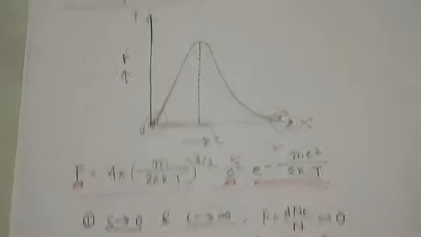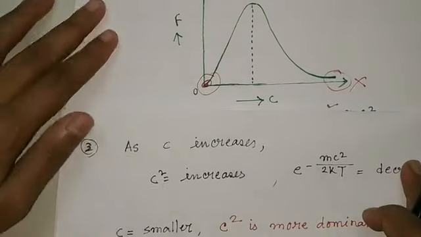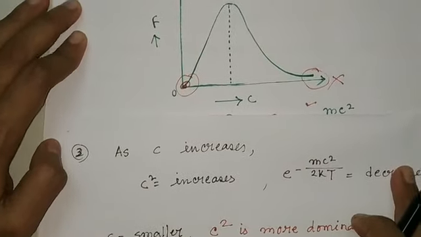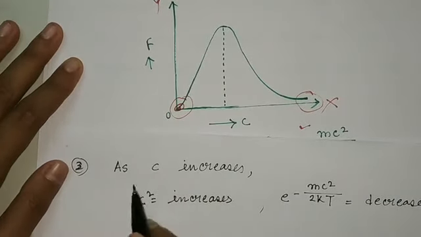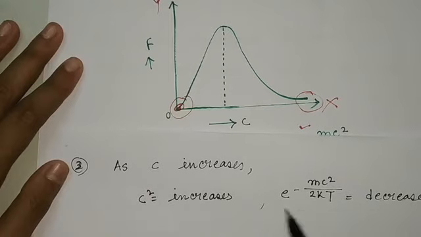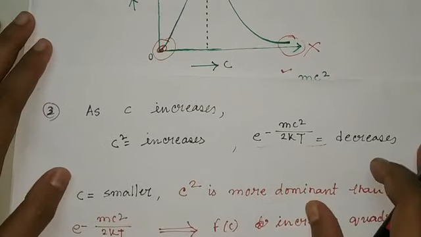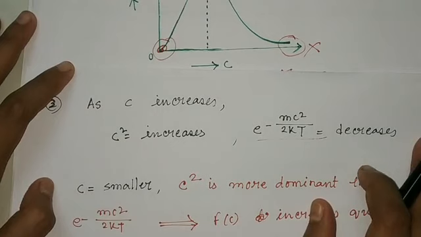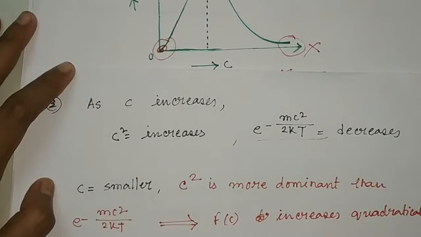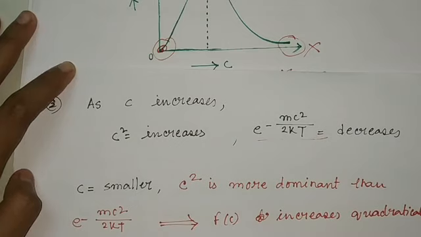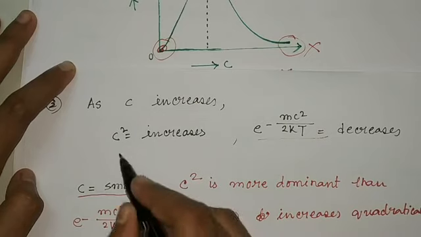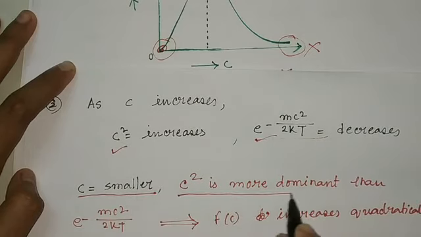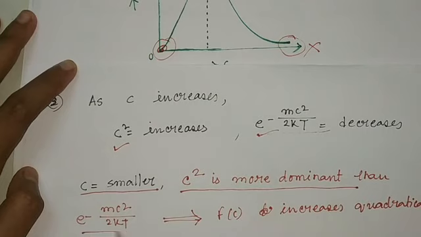So first we'll consider the condition when c increases. We know when c increases, the c square increases and the exponential term decreases. And what will be the combined effect as c goes from the smaller value to the higher value? For smaller values of c, out of these two terms, c square is more dominant than the exponential term.